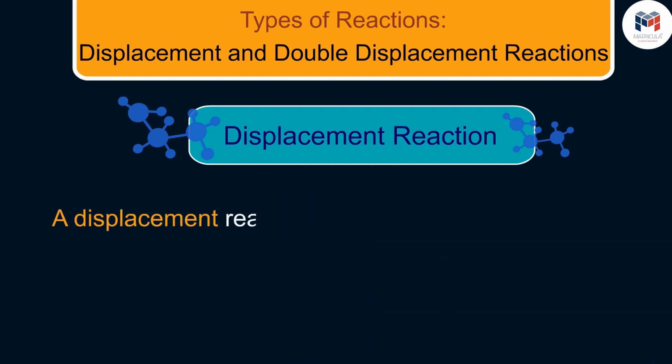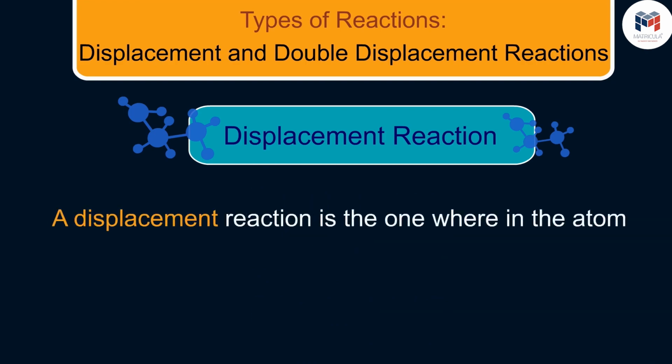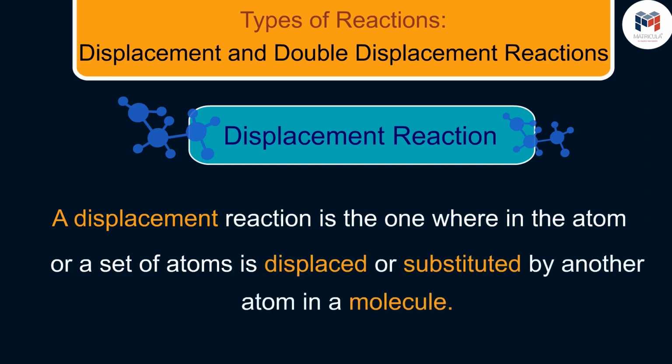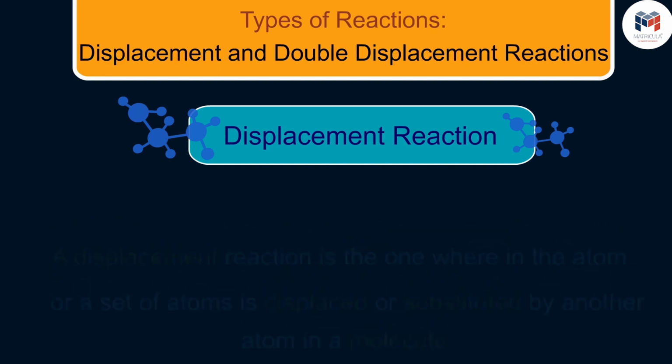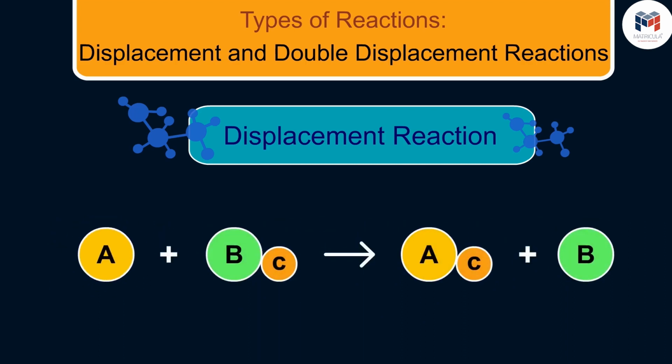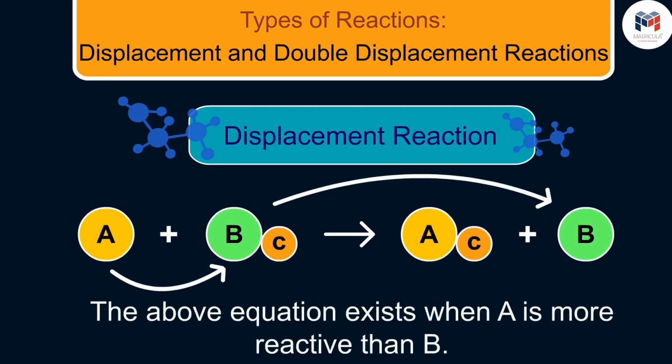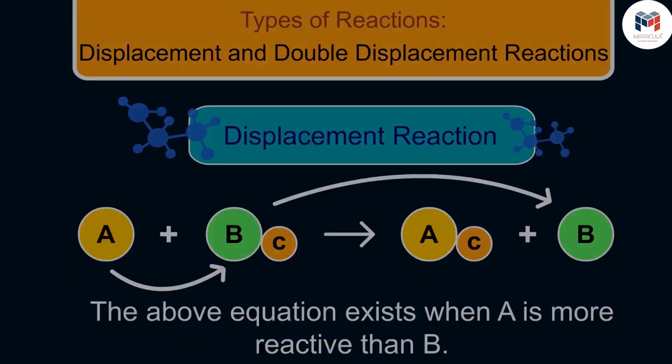A displacement reaction is one wherein an atom or a set of atoms is displaced or substituted by another atom in a molecule. For example, suppose A is more reactive than B. Then A can displace B from BC and form AC, as shown in the reaction.